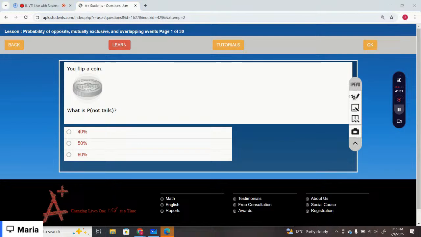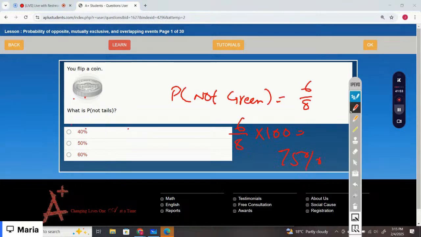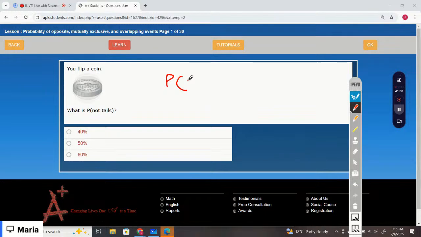When you flip a coin, the chance for the head and tail is 50-50, right? You have only two options. Either it will land on head or it will land on tails. So you have 50% chance. The correct option is 1 by 2.